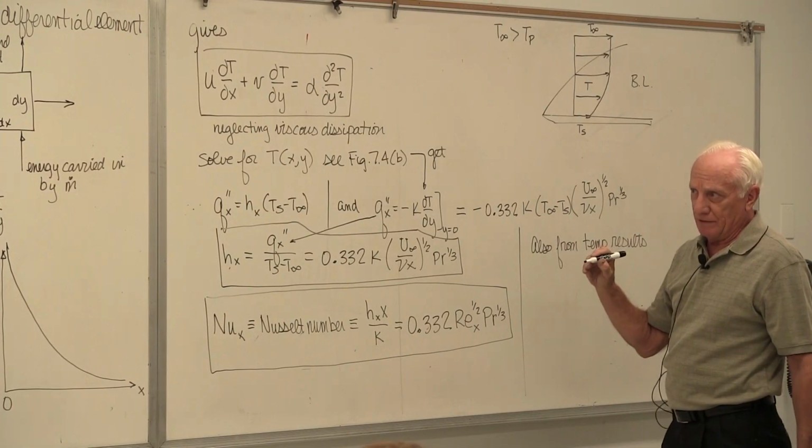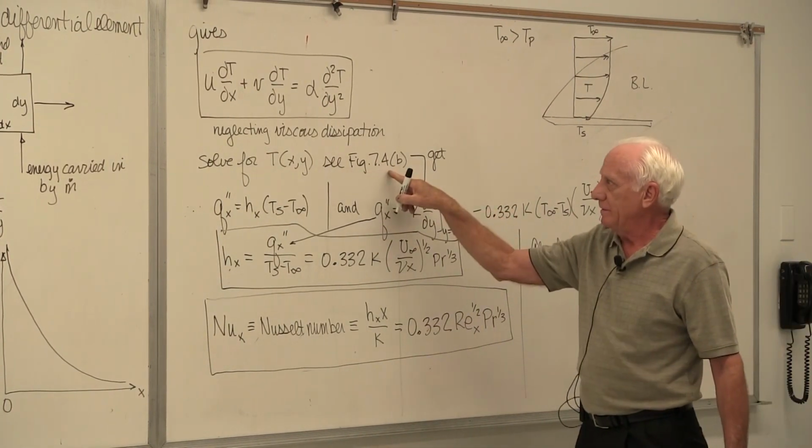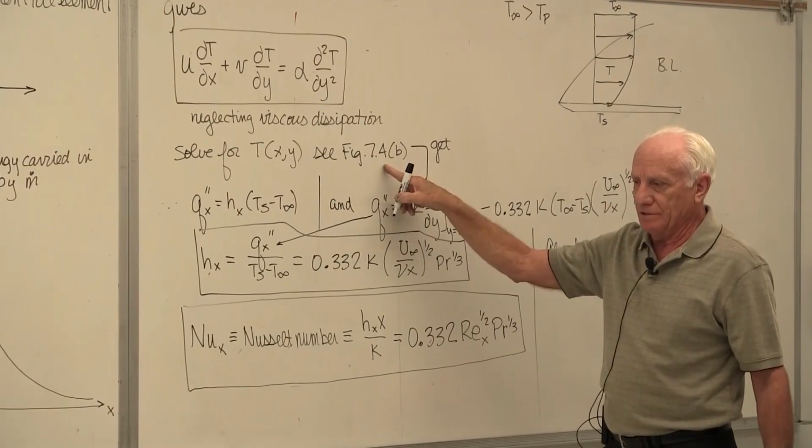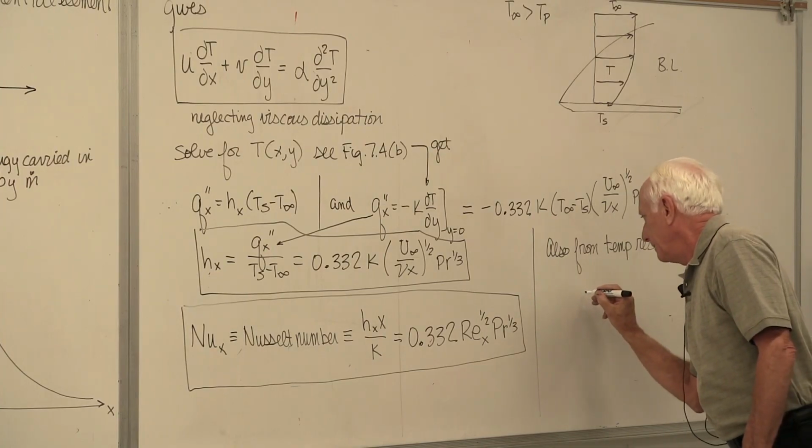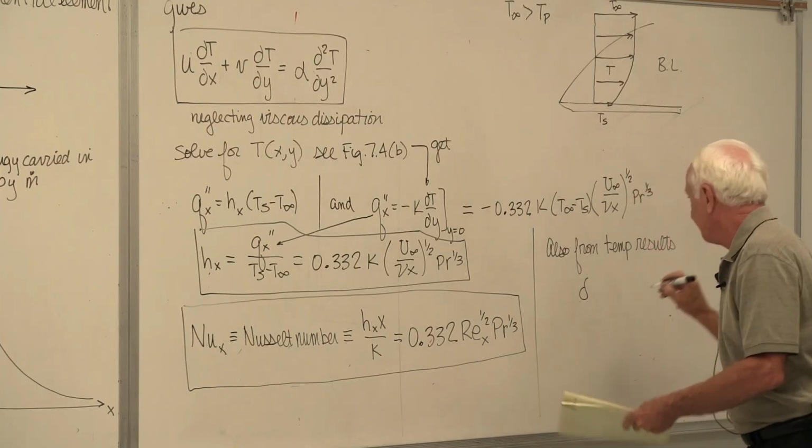Again, the 99% rule: go to the graph, see where the temperature approaches 99% of the free stream temperature, and that gives you delta T.